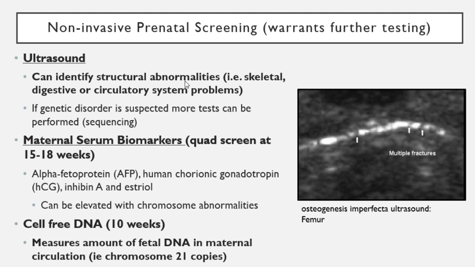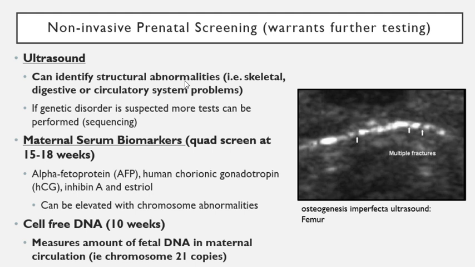There are other things you can look at. That's just an example. The cell-free DNA is going to be found in the serum biomarkers, but there are also other chemicals you can look at, hormones, all kinds of stuff. There you go, chromosome 21 copies.